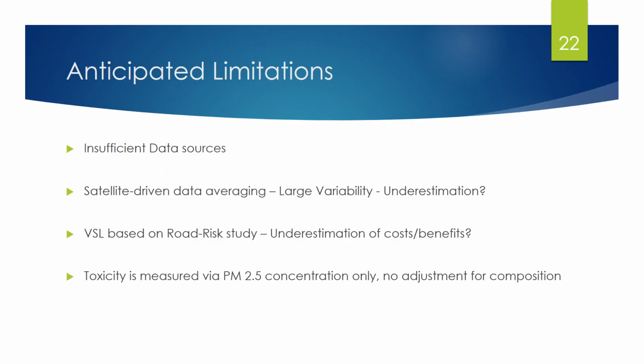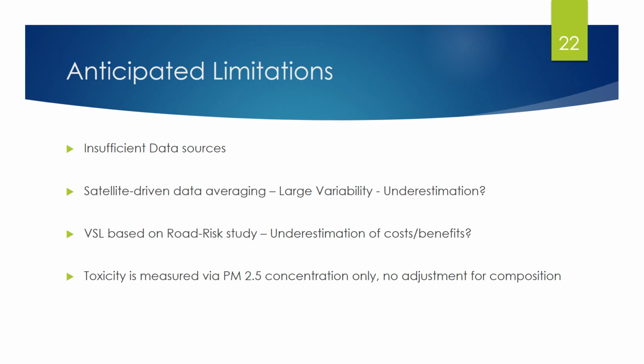Now, we do recognize some limitations in our study, and these are mainly attributed to insufficient data sources. For instance, what we have used in our PM2.5 exposure levels, we have used satellite-driven data averaging. So there is a large variability in this data, and it is averaged over the whole country to get one figure.